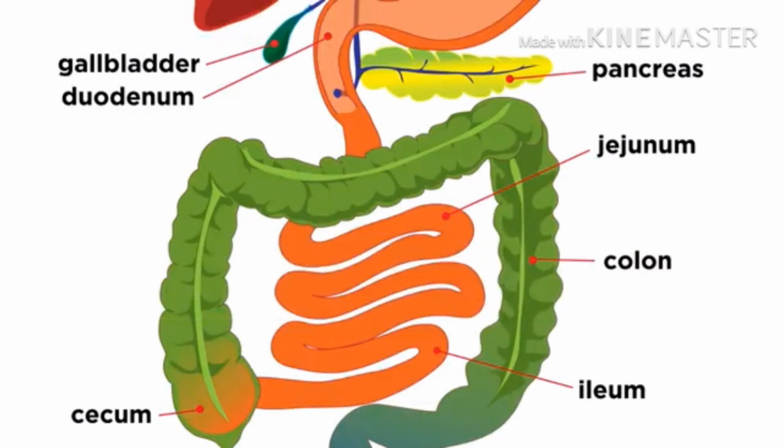There are three sections. First is the duodenum. Second is the jejunum. Lastly is the ileum.